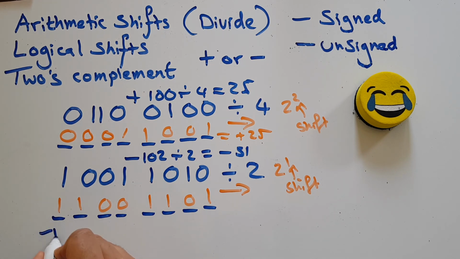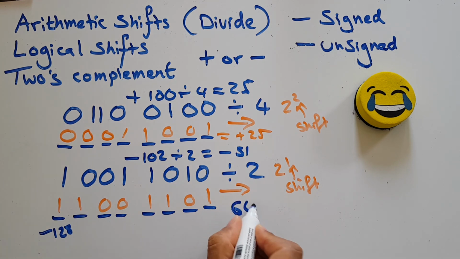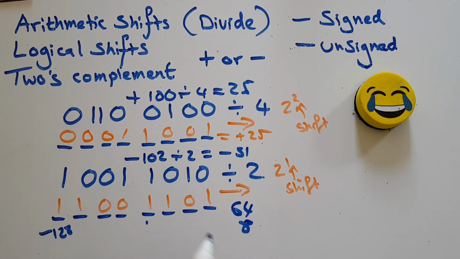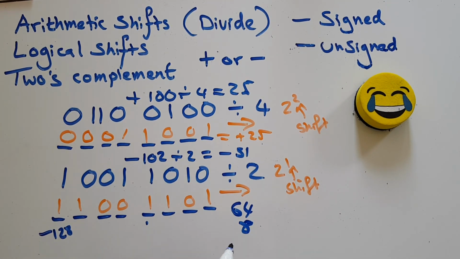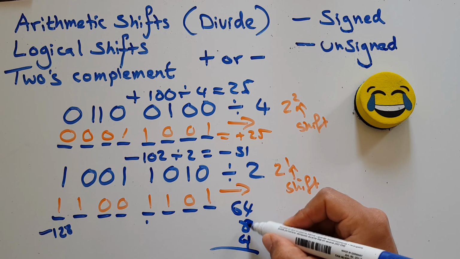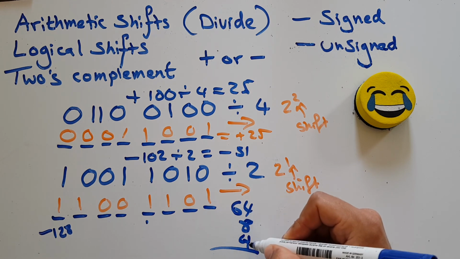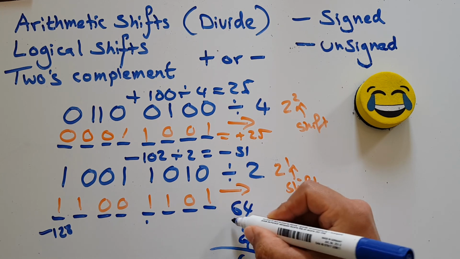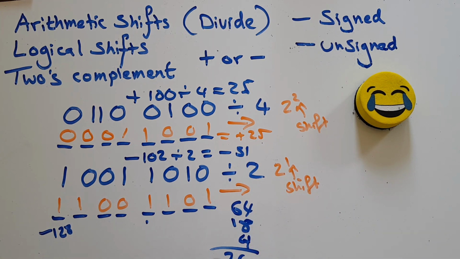So I've got a minus 128. I also have a 64. And I've got an 8. And I've got a 4. Well, I'll do the 1 as well in a minute. So 8 plus 4 is 12, plus 64 is 76, plus the 1 is 77.